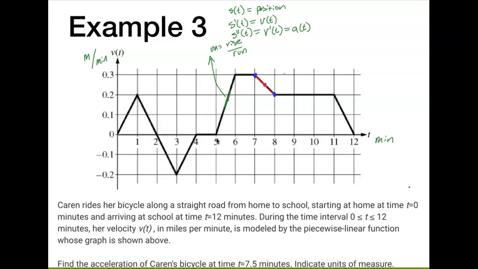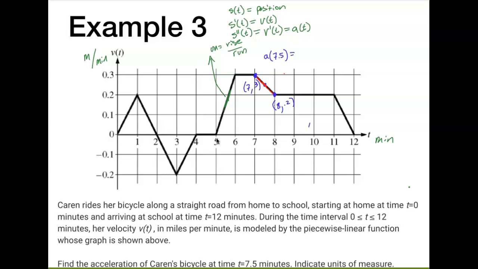So I know that that point is 8.2. I know that this point is 7.3. And so in this case, I'm just going to say that her acceleration at time 7.5 is equal to, and it's okay to use the straight up equal sign in this case because it's linear. So we're going to know exactly what the acceleration is. It's not an approximation.